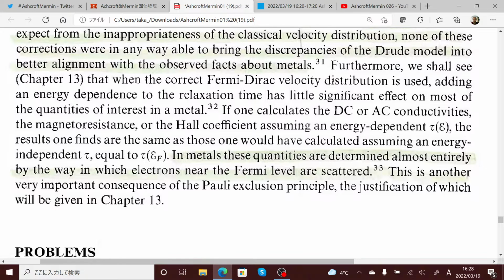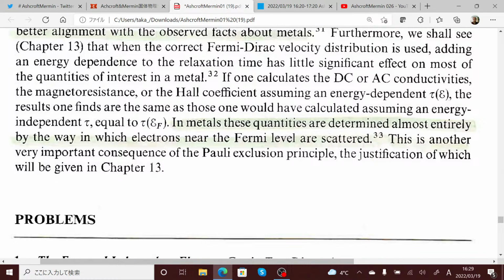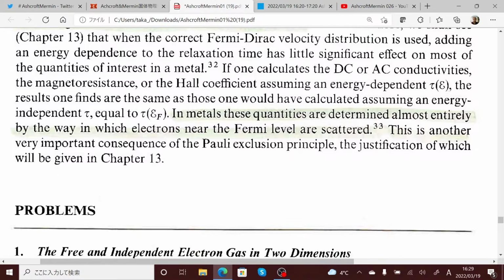If one calculates the DC or AC conductivities, the magnetoresistance or the Hall coefficient, assuming an energy-dependent tau of epsilon, the results one finds are the same as those one would have calculated assuming an energy-independent tau equal to tau of epsilon_F.